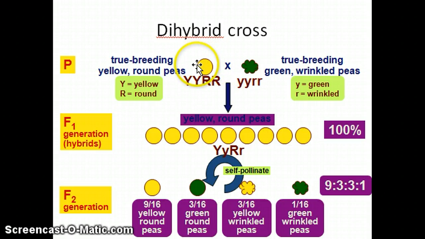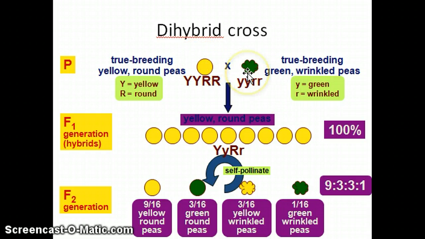So we end up here with a seed that's yellow and round. And these are true breeding because they're homozygous. And then our homozygous or true breeding recessive individual has the lowercase y, which gives you a green trait, and the lowercase r gives you the wrinkled trait. So we have homozygous green and homozygous wrinkled.